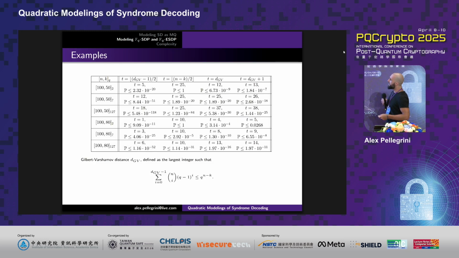I have some examples which say that when we take T going up to the Gilbert-Varshamov distance, which is defined down here, the probability of having a positive dimension variety is negligible. So almost always our system is going to model the problem over FQ and not over the closure of FQ.